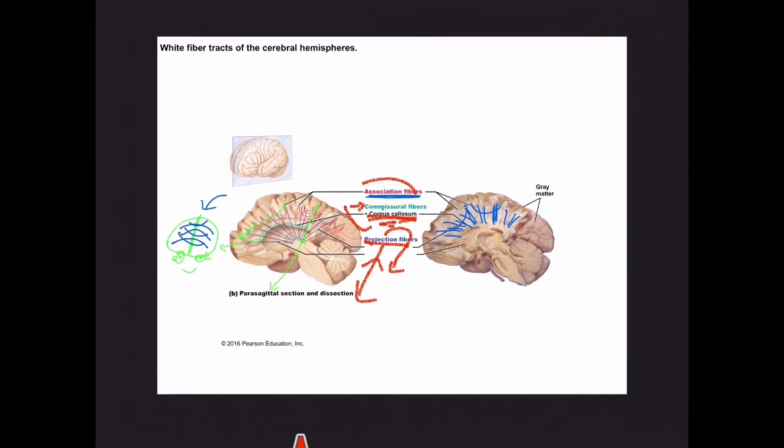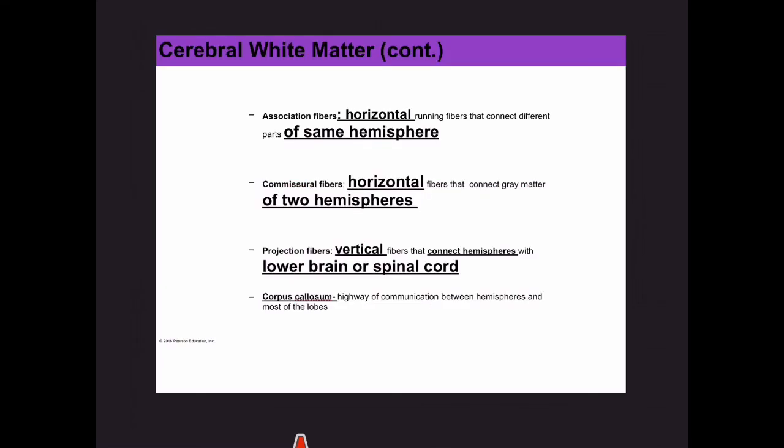All right, let's get back in here. Cerebral white matter. Again, we have association fibers. They're moving horizontally, connecting different parts of the same hemisphere. Commissural fibers, including the corpus callosum, are also moving horizontally, connecting the two hemispheres, so they're going back and forth.